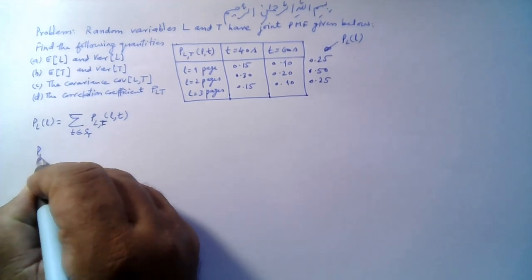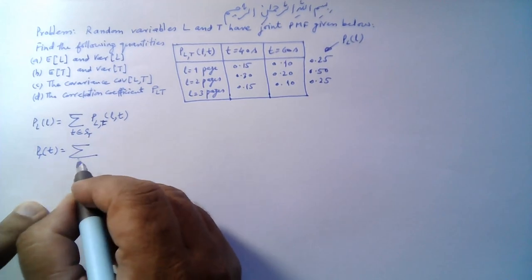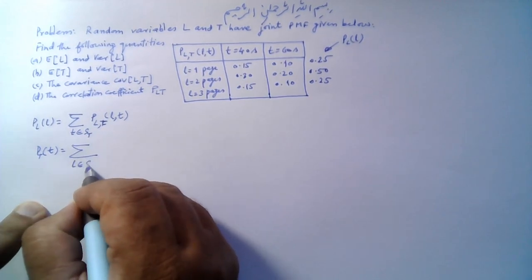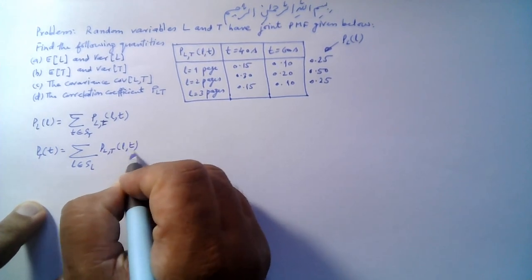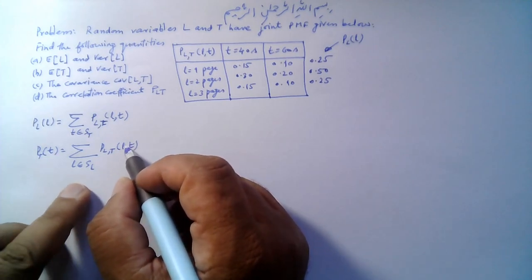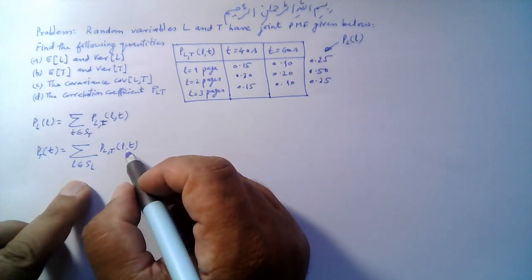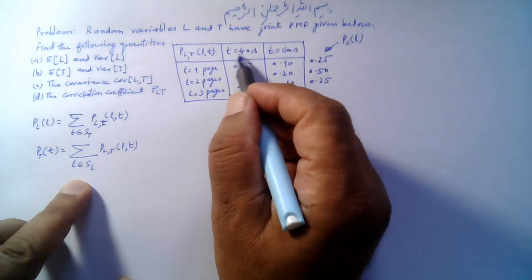To find the marginal PMF for random variable T, we can use a similar formula here, right? So now we need to add, for a given value of T, all the probability values corresponding to L. For example, this is the given value of T, right?